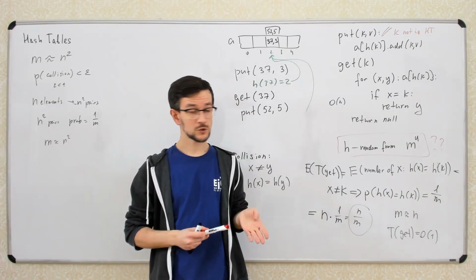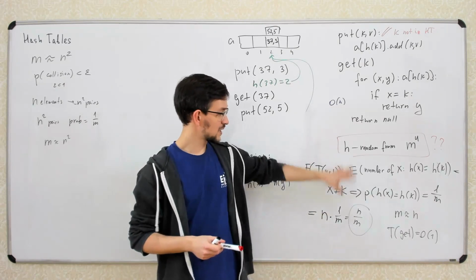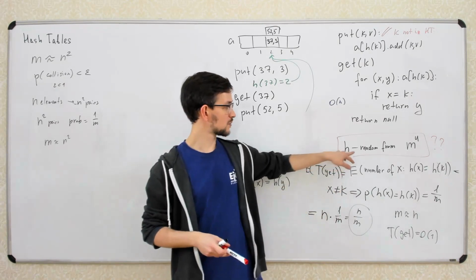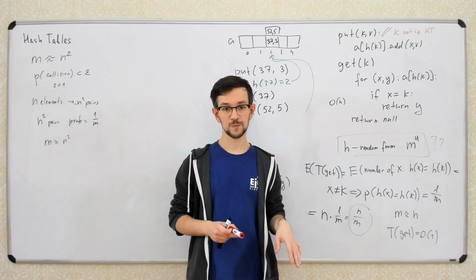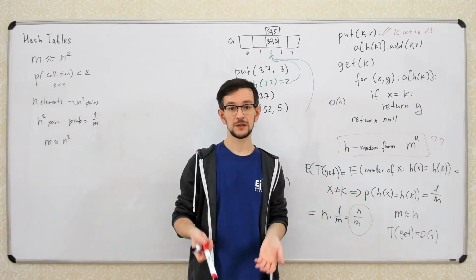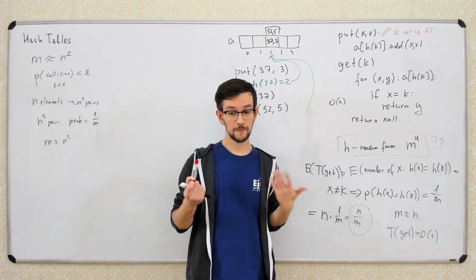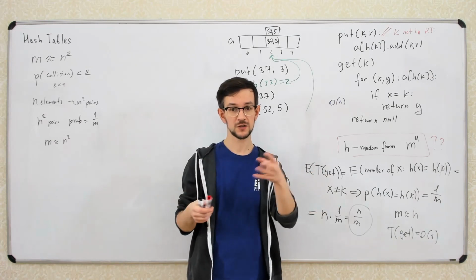So all this theory was working when we have some completely random hash function. But in practice, you can't have a completely random hash function, because the number of functions is too big. You can't pick a random function.